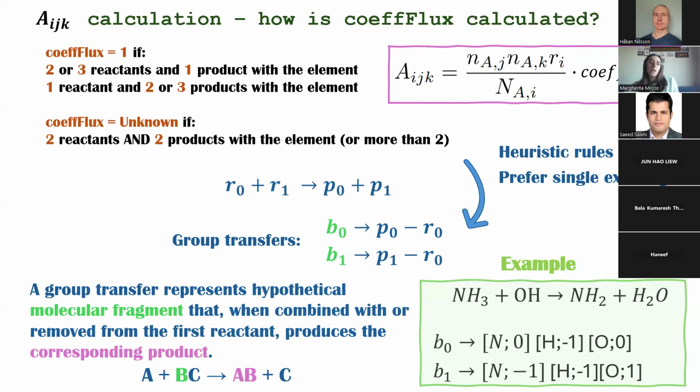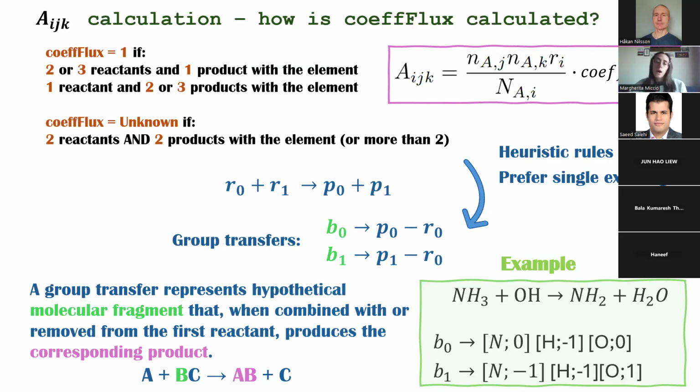And this will represent a molecular fragment that will be combined with the first reactant, so with A, and when it is combined with it, it will produce the corresponding product AB, as in the reaction. So it's a sort of molecular fragment that is moving from one side to the other in a simple way, so with just one transfer.